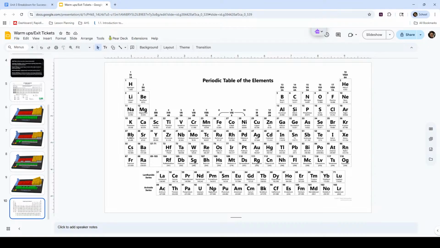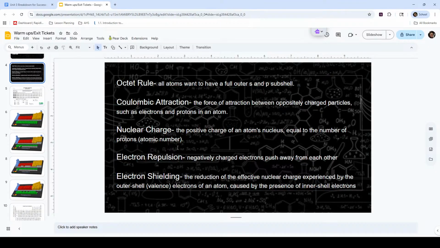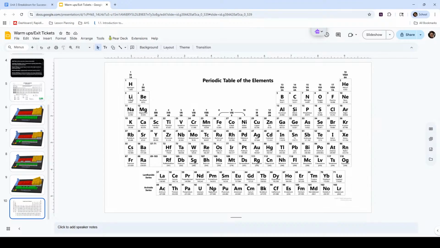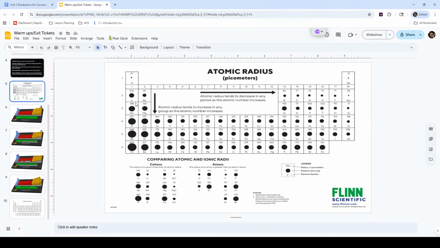And as I go down the periodic table, some of these other factors come into play, like nuclear charge, but the nuclear charge being shielded by the other electrons. All these guys are feeling an effective nuclear charge on their valence shell of +1. But look at the size of lithium versus francium. Lithium is a lot smaller than, well, we don't have francium on here, but we have cesium.